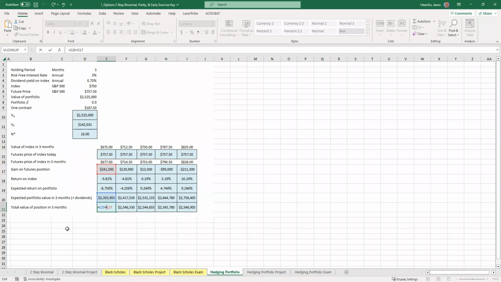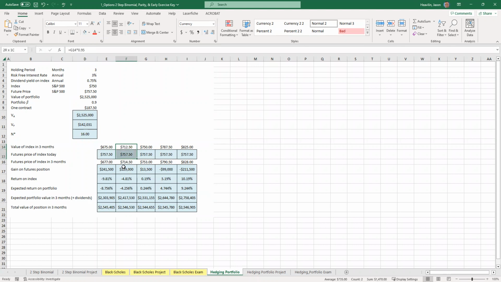When you add those two numbers together, your value is still at 2,545,405. You're actually doing a little better than when you started. But what's important here is that even though the market went down, you didn't lose money. You actually made a little bit, but the goal was to not lose. And clearly you did not lose the value of your portfolio.